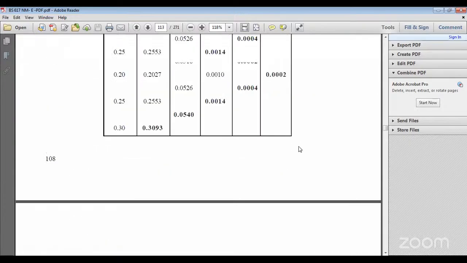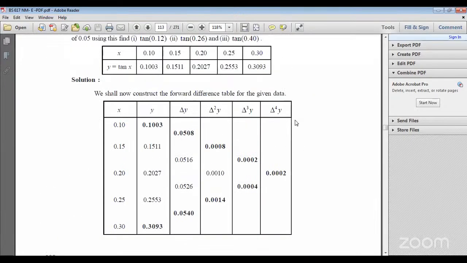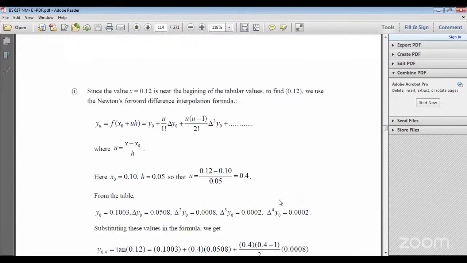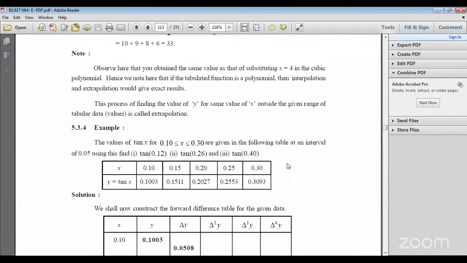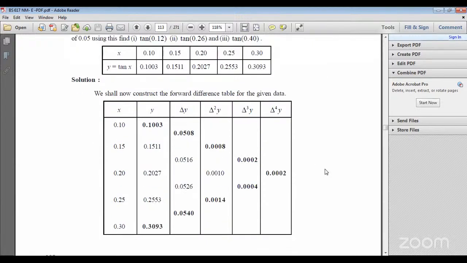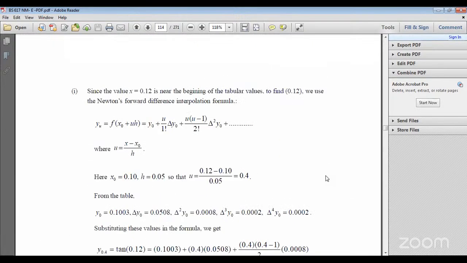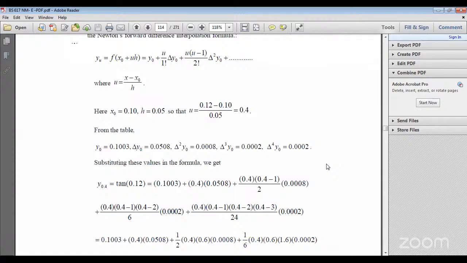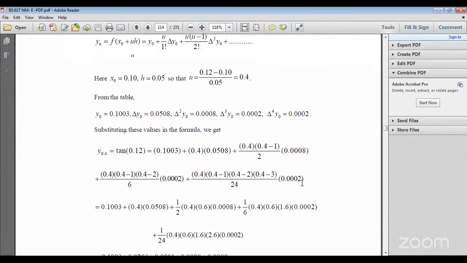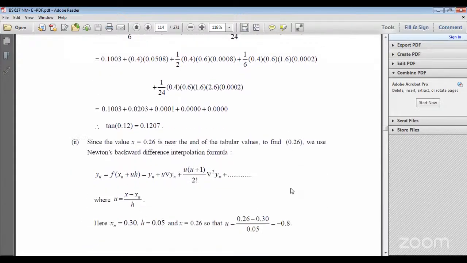I am taking here 0.12 minus 0.10. What is the tabular value I am taking here? I am applying these values from the table, x naught 0.10, x is equal to 0.5, tan 0.10, 0.1003, 0.4, 0.058. All these values I am applying, so therefore 0.1207, the output came here.